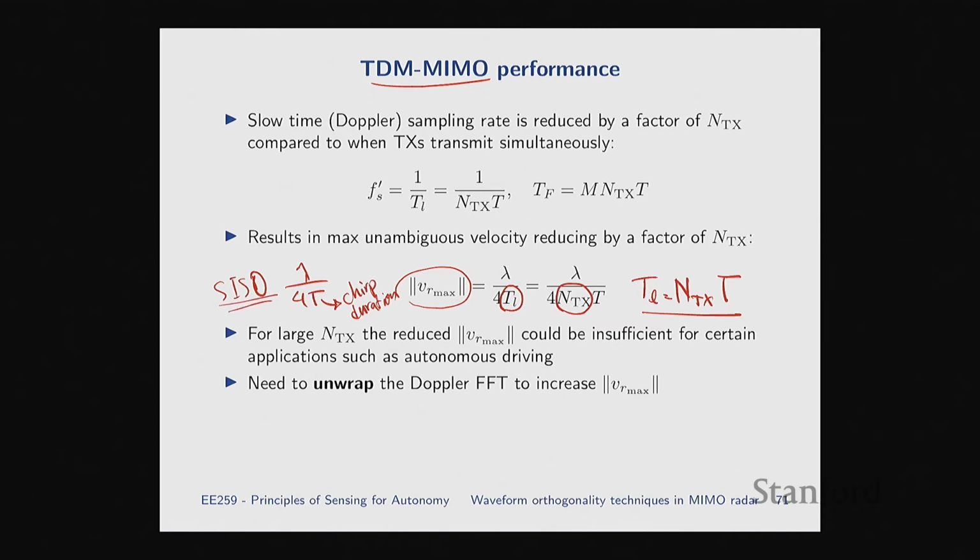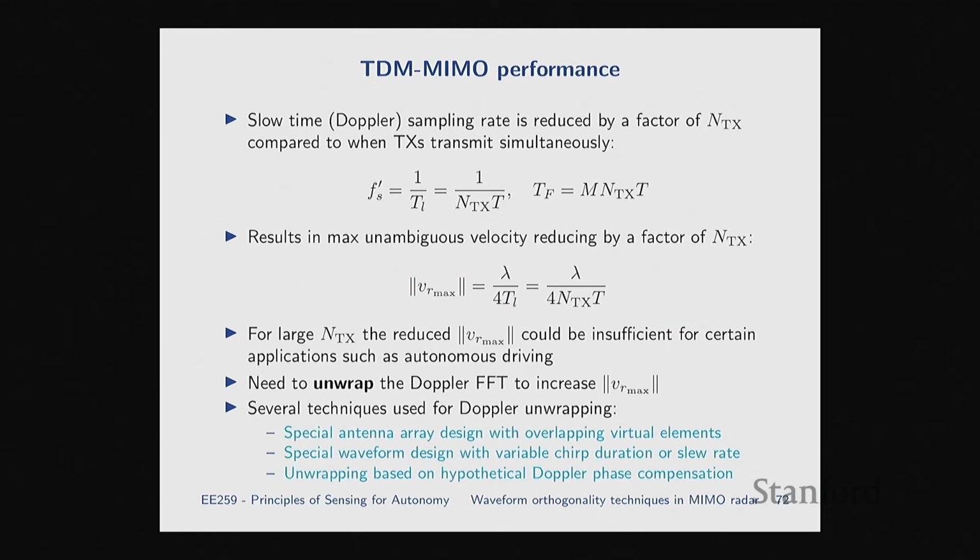What can you do about it? Turns out there's a number of techniques. This is, again, one of those very active research areas for radar, but there's a number of techniques you can use to essentially increase back the maximum velocity you can detect. Very briefly, you can design special antenna arrays that help you unwrap your velocity FFT and recover larger velocities.